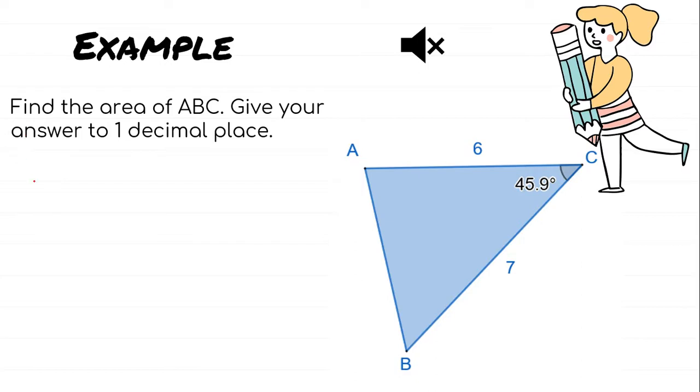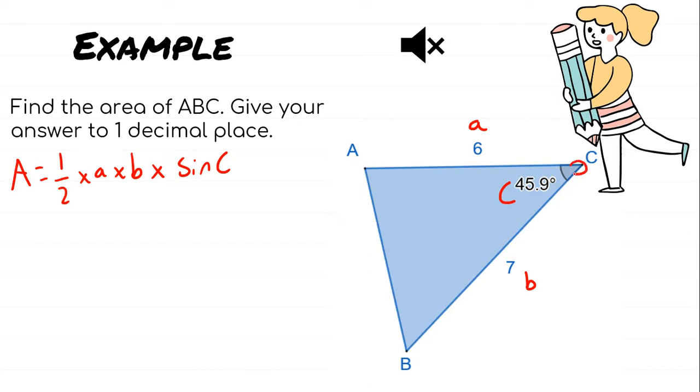Let's remember our formula. Our area equals a half times A times B times sine C. Let's label the sides. We'll call this side A, this side B, and this angle C, the angle that's between them.